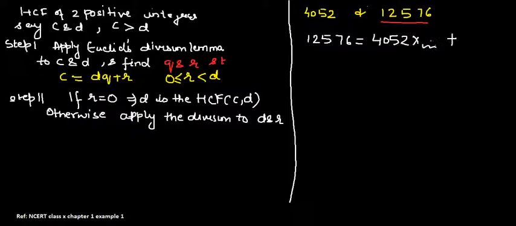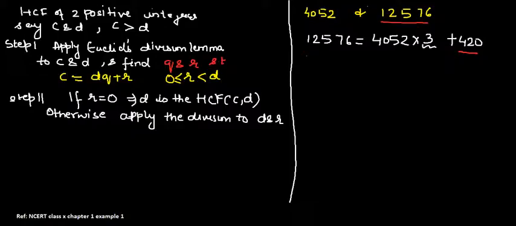Now what is that number? When you calculate it, you have something in the 4000s, and you are dividing 12,000 something. So roughly, 4,000 into 3. So 4052 into 3 plus the remainder would come out to be 420. Then what will be our next step? We have a remainder, which is 420.